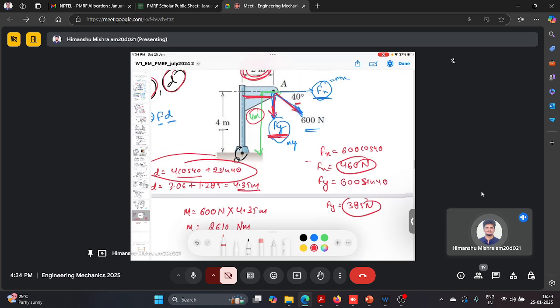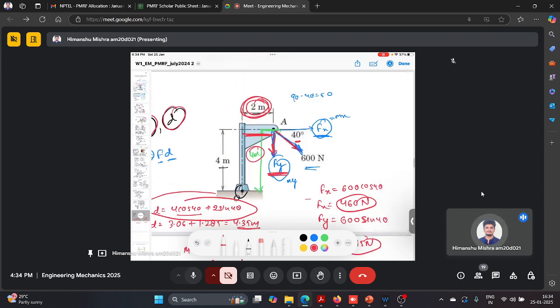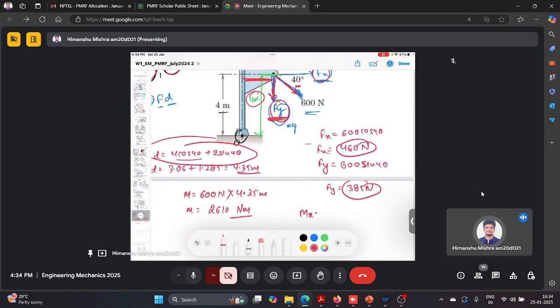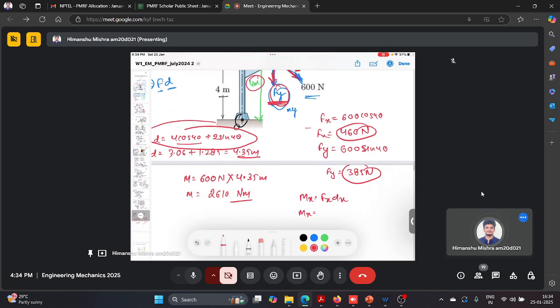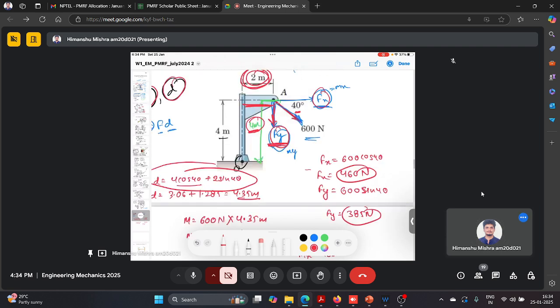Now you can calculate the moment, because both Fx and Fy have finite, non-zero perpendicular distance, which means the moment due to Fx and Fy are non-zero. So your Mx will be Fx times dx. Fx is 460, dx is 4 meter, because if this is my Fx, then this will be my perpendicular distance, which is 4 meter here.